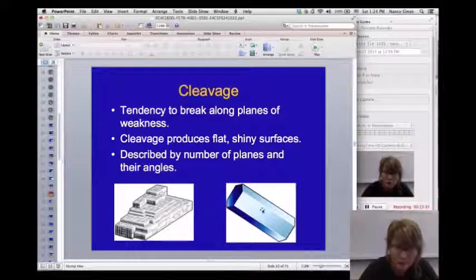If this is cleavage, meaning it's not a crystal shape, but it's how the mineral breaks, we can see that this is a nice flat surface, and the back side, which we can't see, is facing away from us and is parallel to it. So that's one direction of cleavage. This face here is another direction of cleavage, and back here there's another face that's parallel to it. Both of those together are a second direction of cleavage.